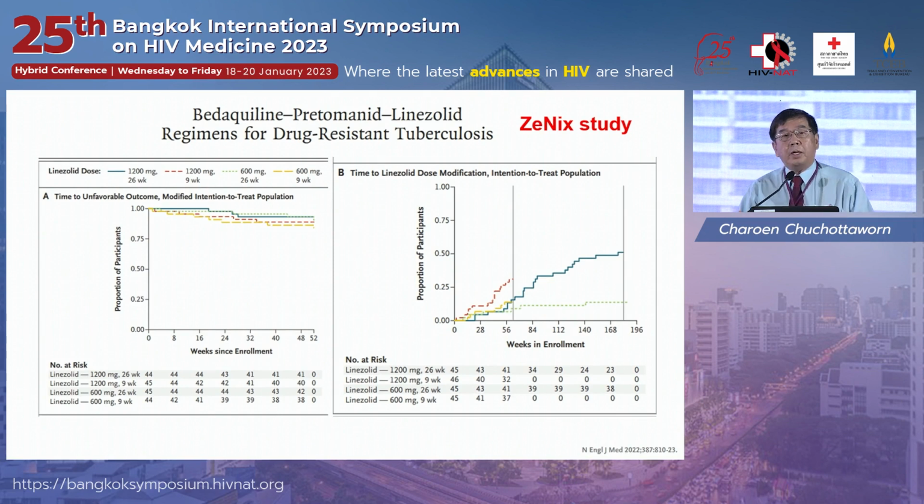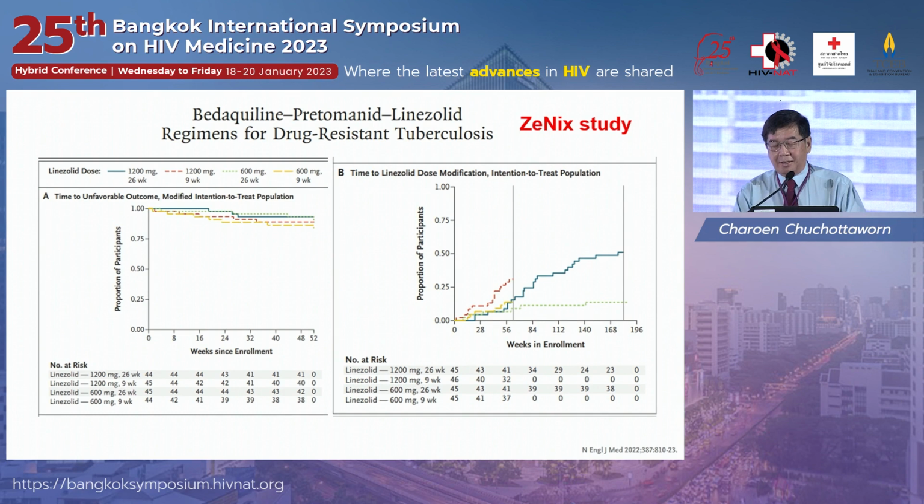They wanted to determine the dose of linezolid, 1,200 milligrams or 600 milligrams. Most TB experts like myself use 600 milligrams at the beginning, but they wanted to test the concept of 1,200 or 600 once daily or twice daily.